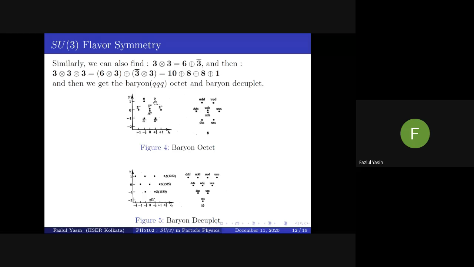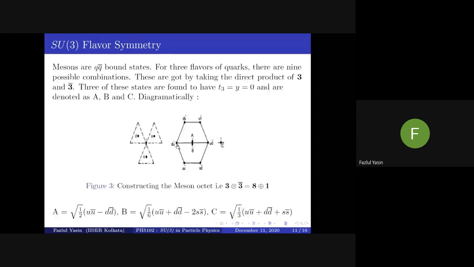And as you can see, the P and N also form a part of this, and the baryon decuplet, which is found to be this. Now, this was basically the eightfold way, which was postulated by Gell-Mann and Neyman, and all these different hadrons were predicted, the mesons and the baryons.